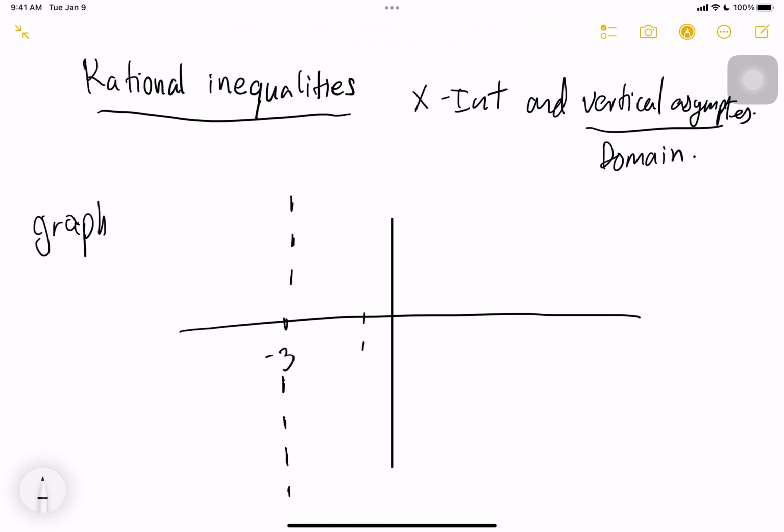At 1, I have an x-intercept. So the graph of my function might look something like this. I have another, it's -1. I have another asymptote at 2.